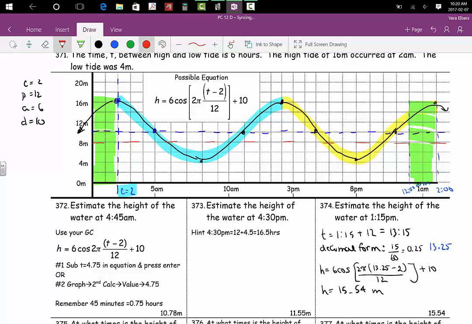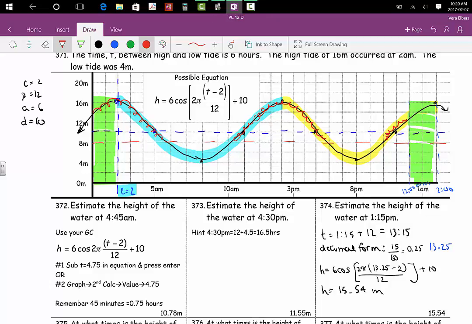So that means we are looking at anything over 8 meters, so like this, like this, and like that.